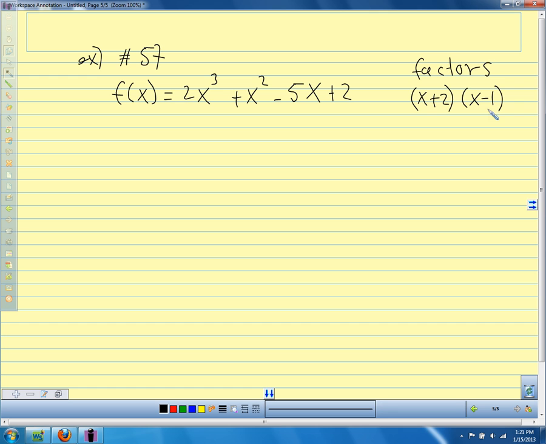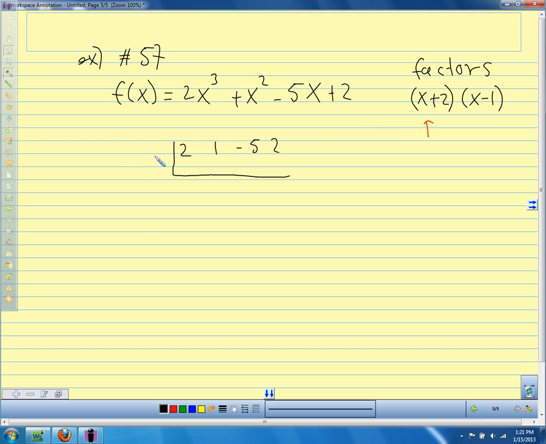So write our function out with a bunch of parentheses. So we're going to start out by dividing by x plus 2. So let's write out our function, decreasing powers of x. 2, 1, negative 5, and 2. And if we're dividing by x plus 2, what are we going to write in front?